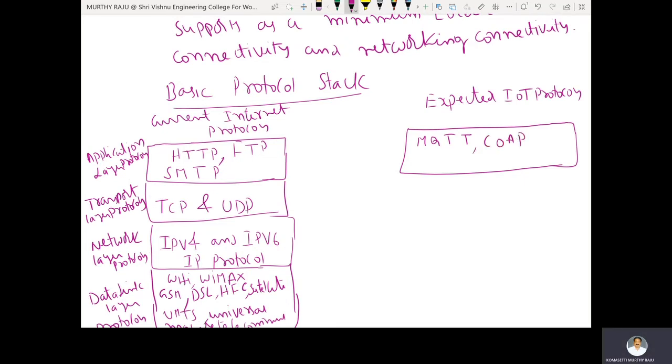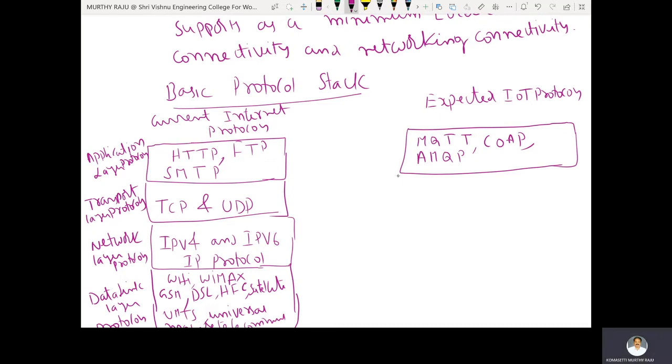CoAP means Constrained Application Protocol. And AMQP, Advanced Message Queuing Protocol. These are the expected IoT protocols at the application layer.